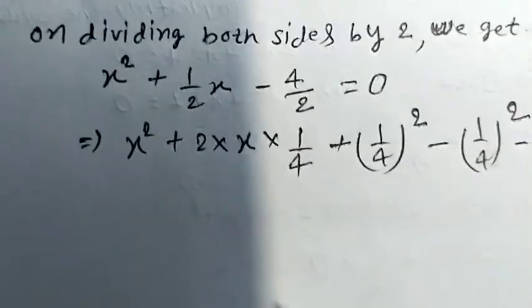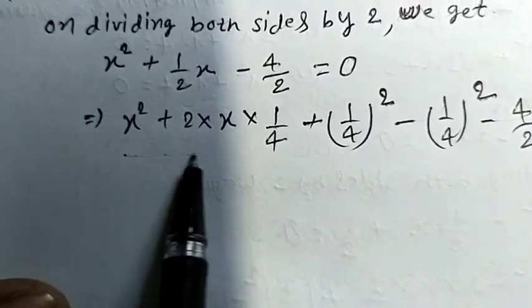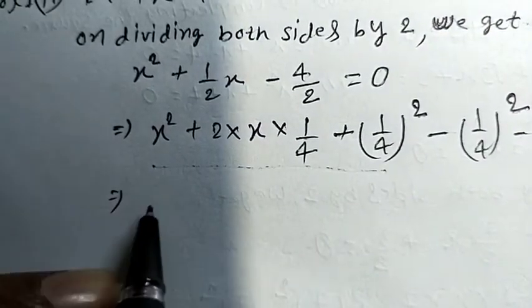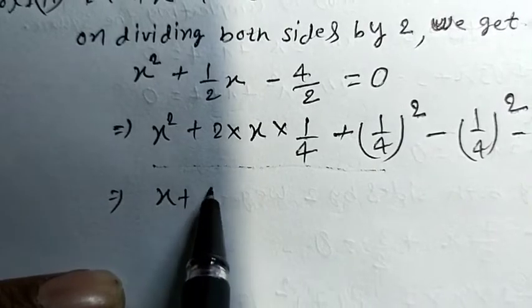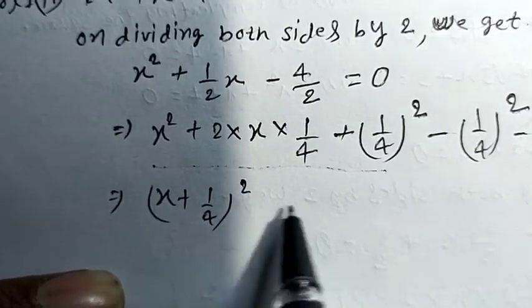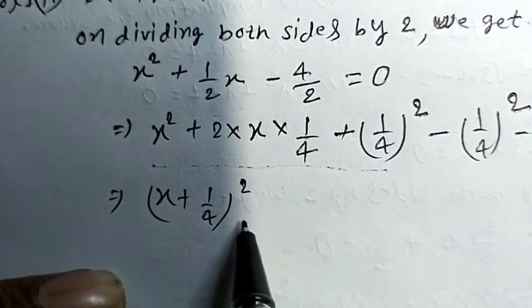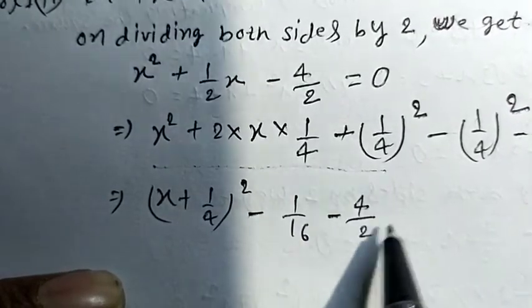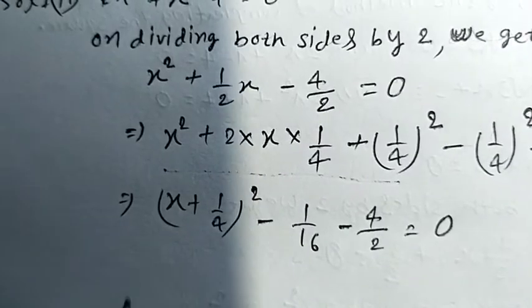Now this is on the formula, we write here implies x plus 1 by 4 the whole square minus 1 by 16 minus 4 by 2 is equal to 0.